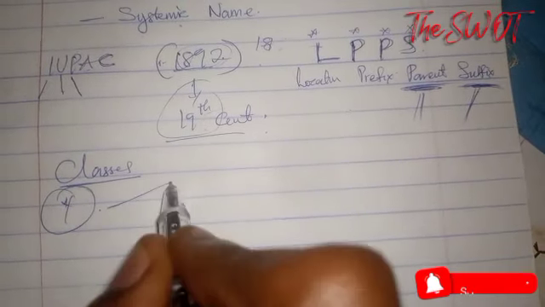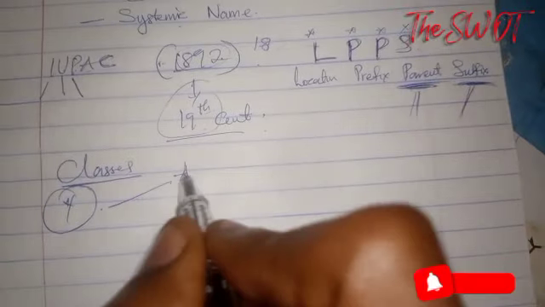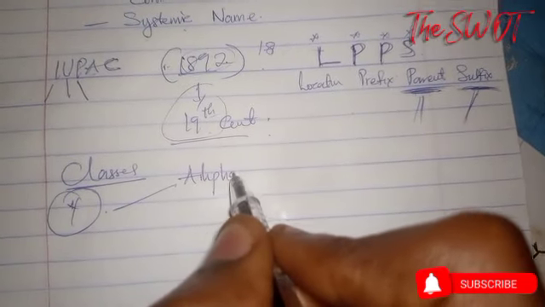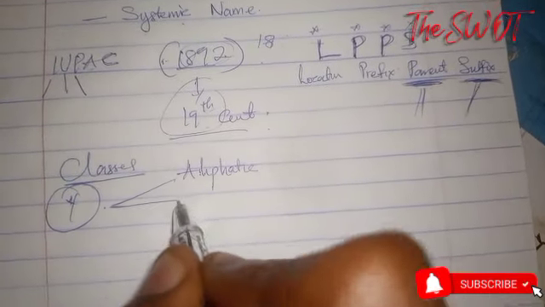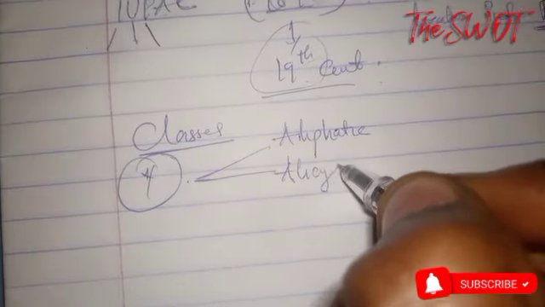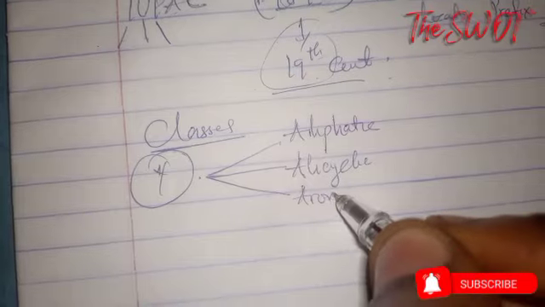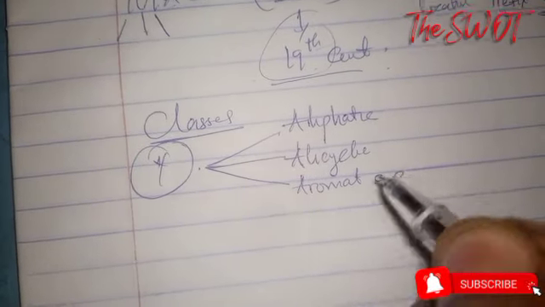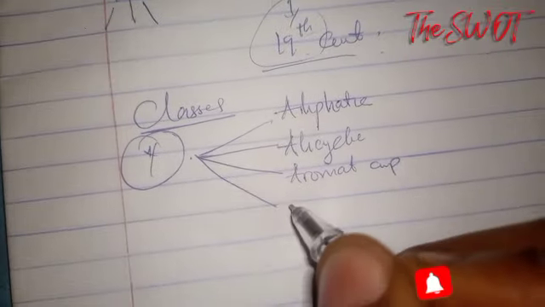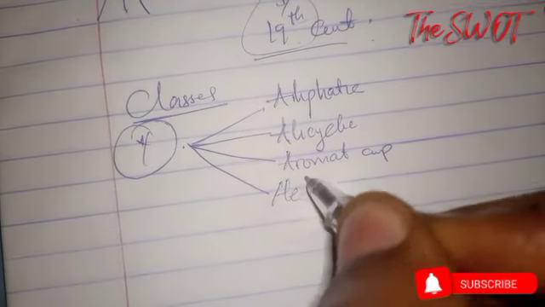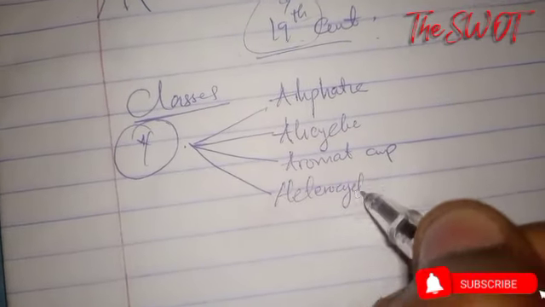They are aliphatic, alicyclic compounds, aromatic compounds, and the heterocyclic compounds.